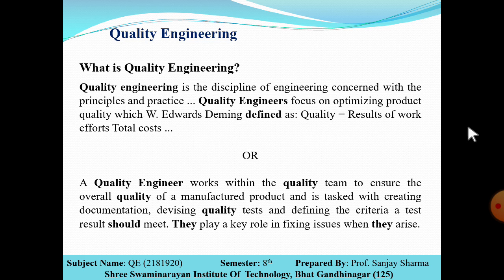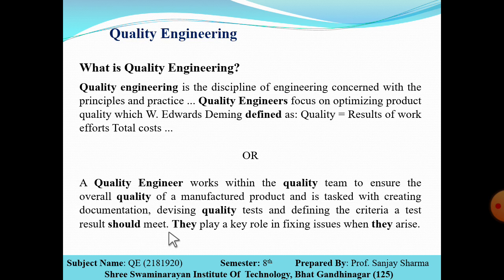organization or company. One more definition is there, the general definition: a quality engineer works within the quality team to ensure the overall quality of the manufactured product, and is tasked with creating documentation, devising quality tests, and defining the criteria a test result should meet. So what does it say?